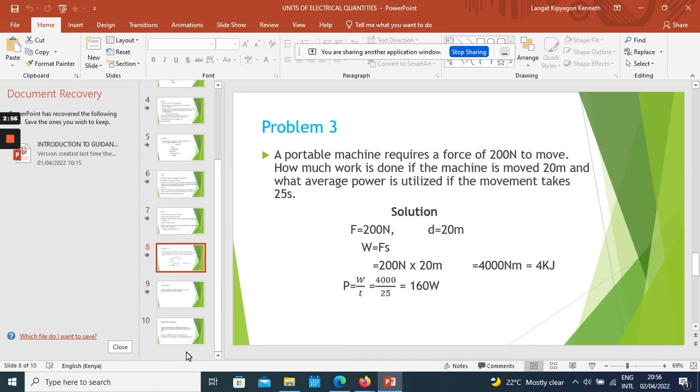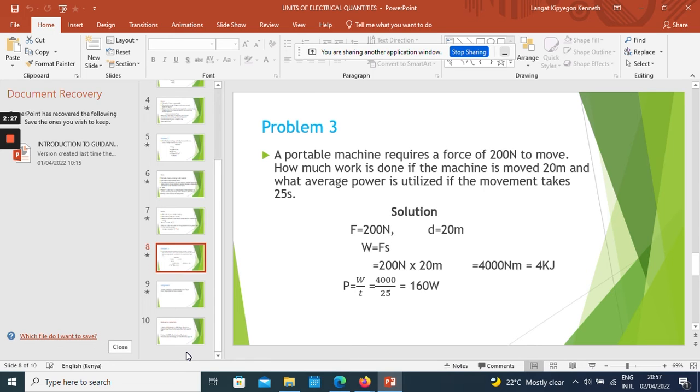Now let's look at this problem. We have a portable machine that requires a force of 200 newtons to move, and we are told to calculate work done if the machine is to move 20 meters. And also we are told to calculate power it utilizes if the movement takes 25 seconds. So first of all, we approach the problem of work.